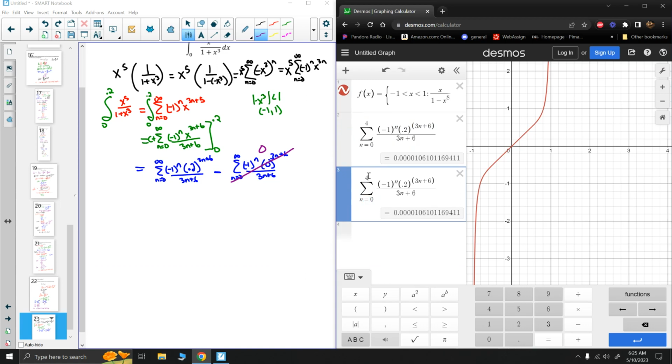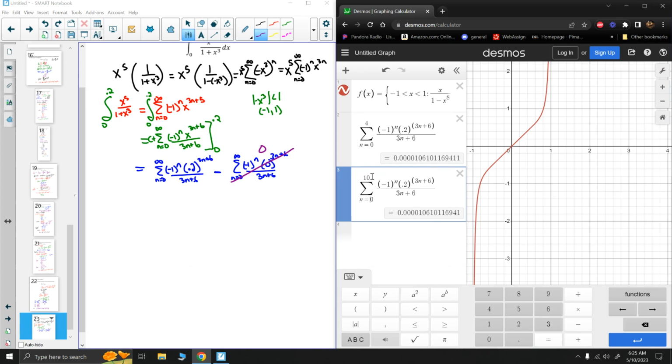Okay? So at 4, this is what our partial sum is. At 5, it's pretty similar. 6, let's go 10. All right, that's pretty good. I mean, 0.0000106101169411 versus 6941 here. Okay.